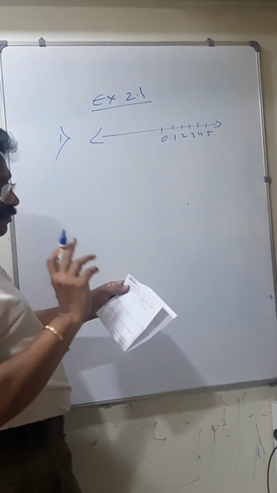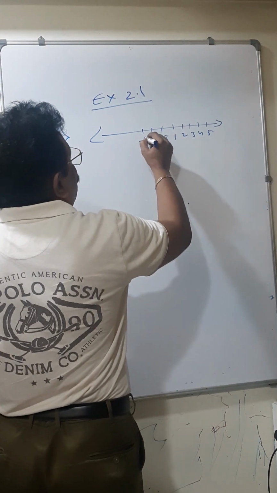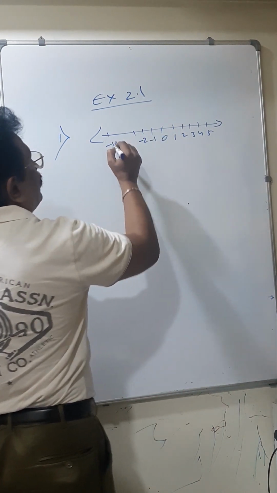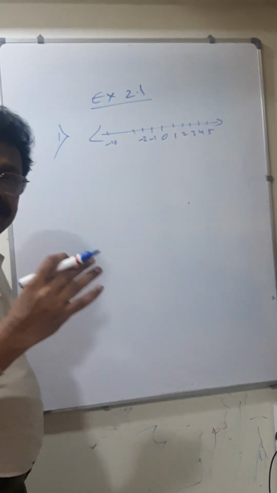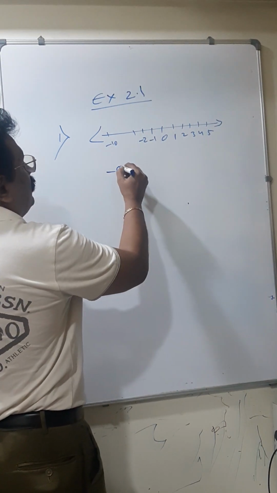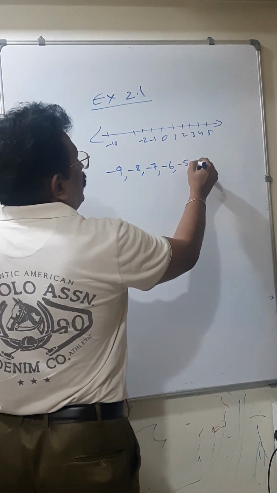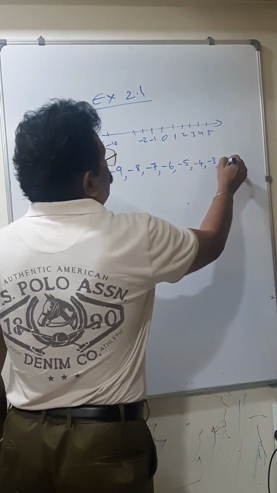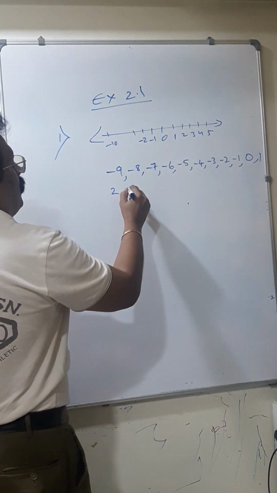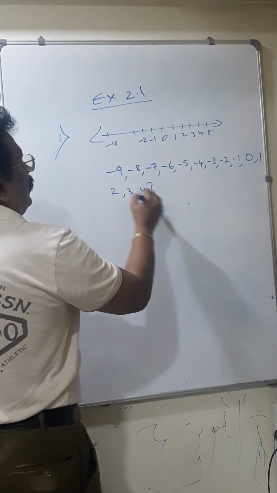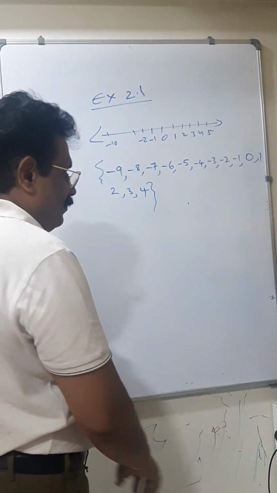So write all the integers between minus 10 and 5. The integers in between, start from minus 9, minus 8, minus 7, minus 6, minus 5, minus 4, minus 3, minus 2, minus 1, 0, 1, 2, 3, 4. So these are the integers between minus 10 and 5.